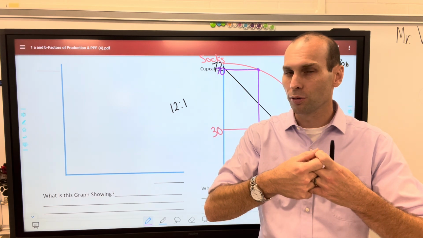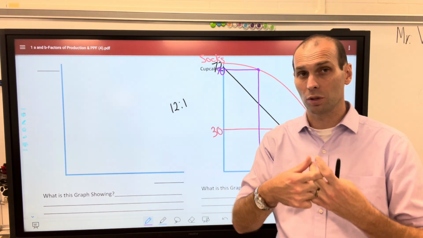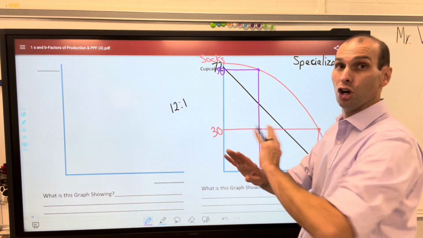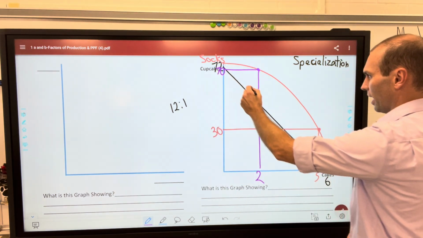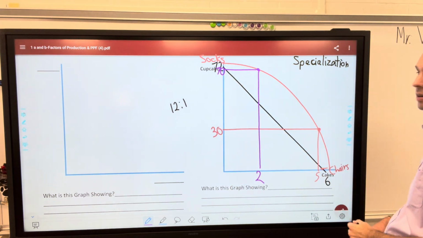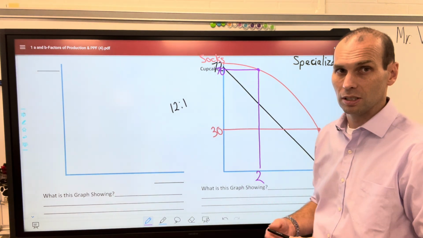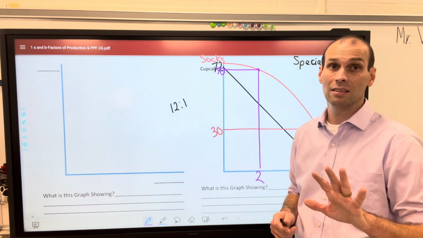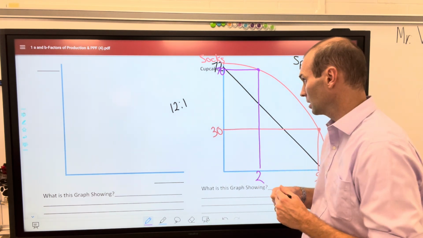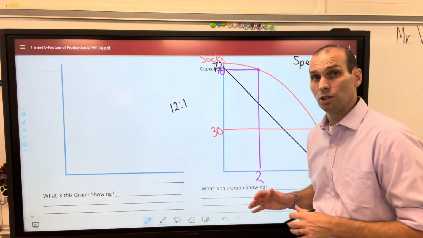It's probably a good word for you, perfectly interchangeable resources. And so there would be no specialization on any of the resources, and therefore you would have a straight line as your production possibilities curve. Now keep in mind, sometimes you just draw straight lines to make the math easier, but that's more bigger kid economics.